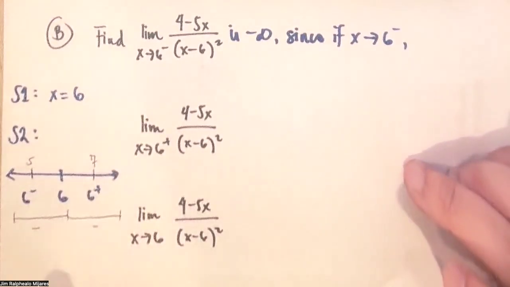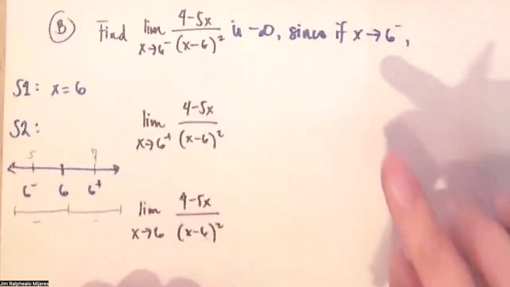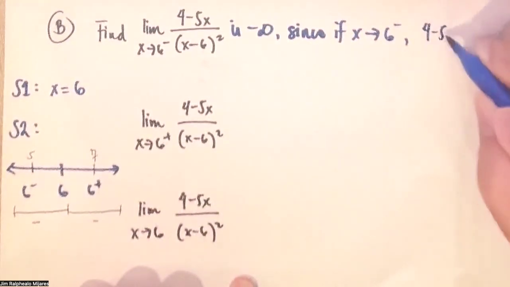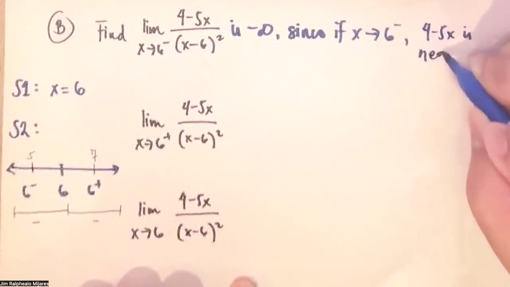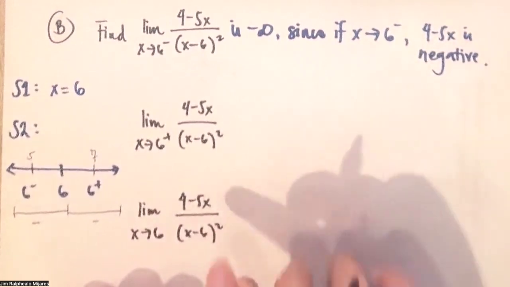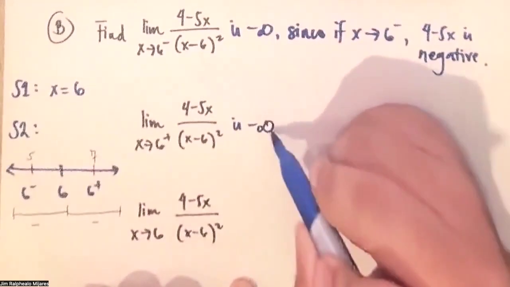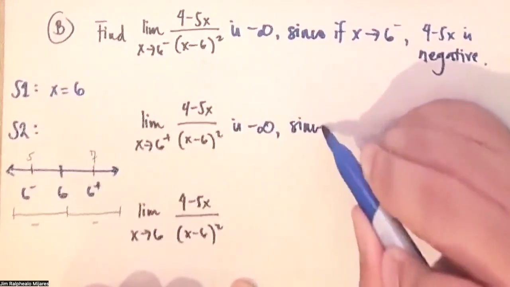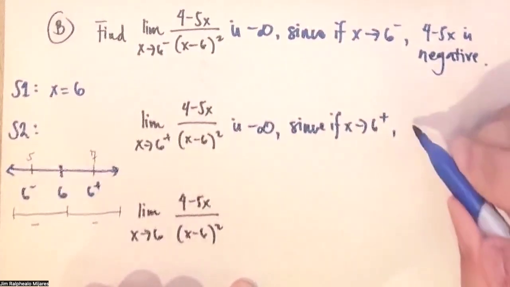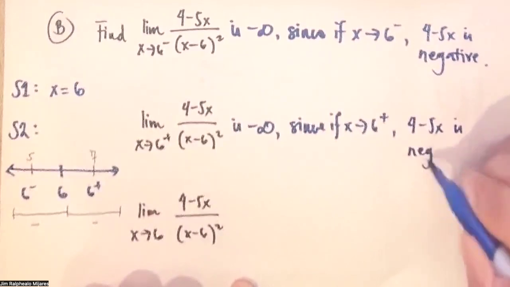In this case, what makes it negative is the numerator, since if x approaches 6 from the left, 4 minus 5x is negative. Similarly, to the right, this is also negative infinity, since if x approaches 6 from the right this time, 4 minus 5x is negative as well.